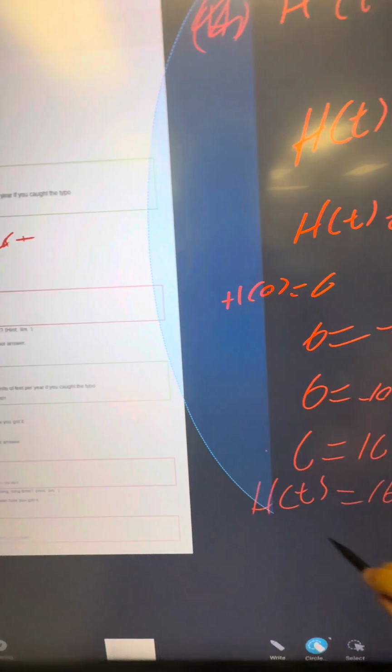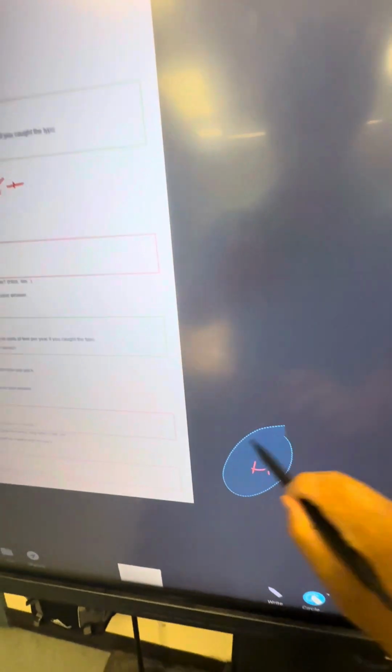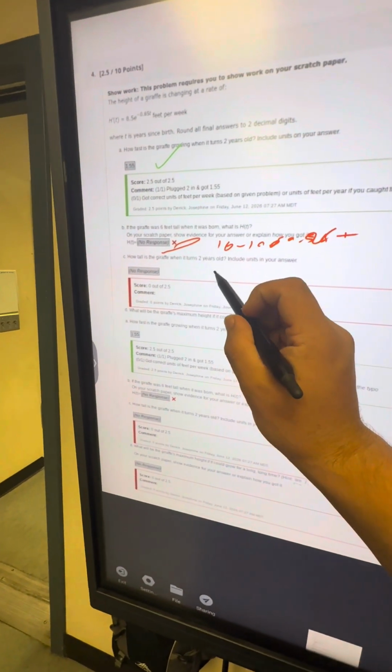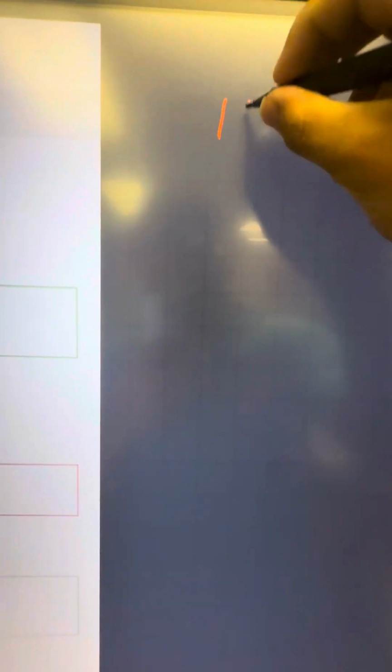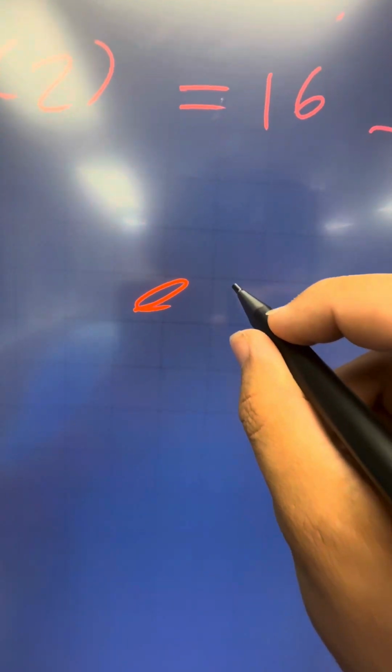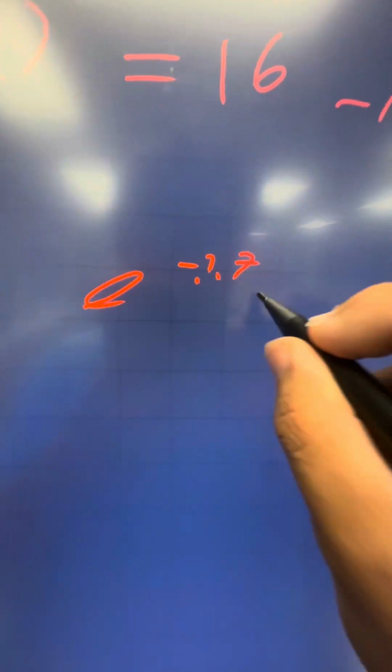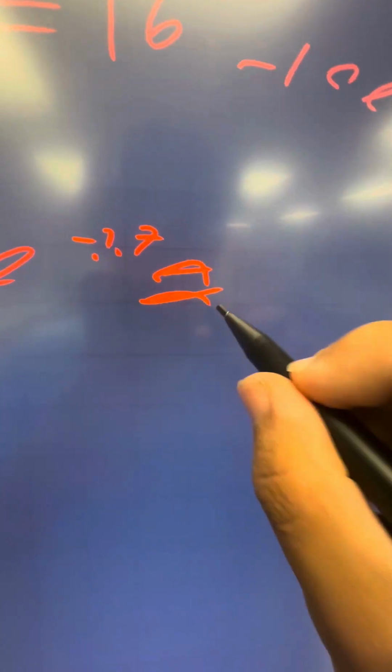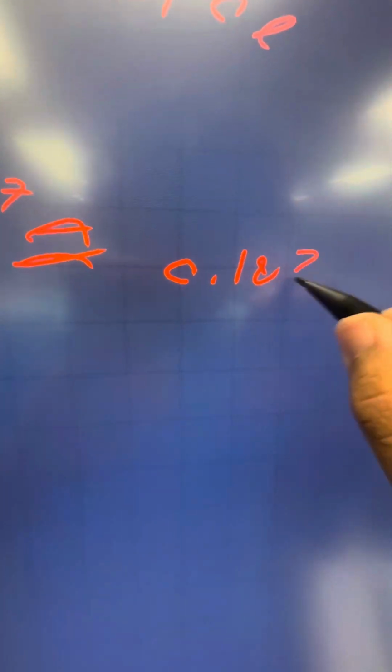Don't mind, I'm going to erase all of this real quick. Going on to C, no response, not cool. Pretty much put height 2 into the equation. So H(2) equals 16 minus 10 e to the negative 1.7, and e to the negative 1.7 is approximately equal to 0.1827.